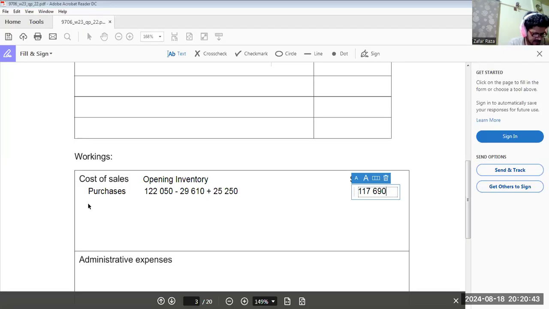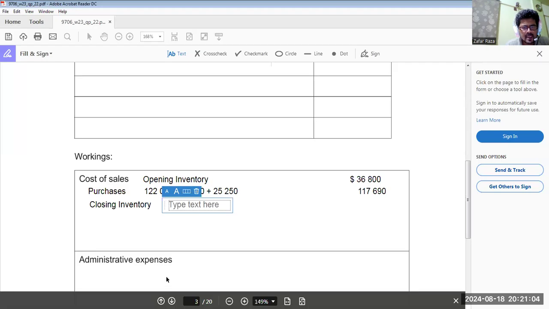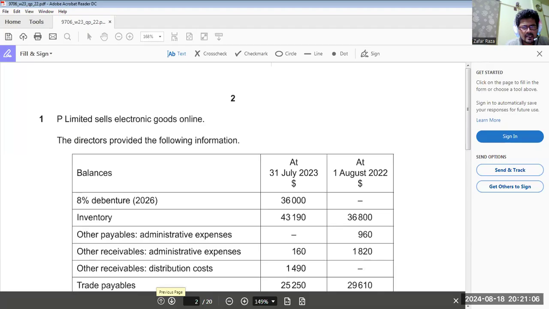Then what is the other item? Closing inventory. For closing inventory we have to be careful, because from closing inventory we have to take out the damaged goods.